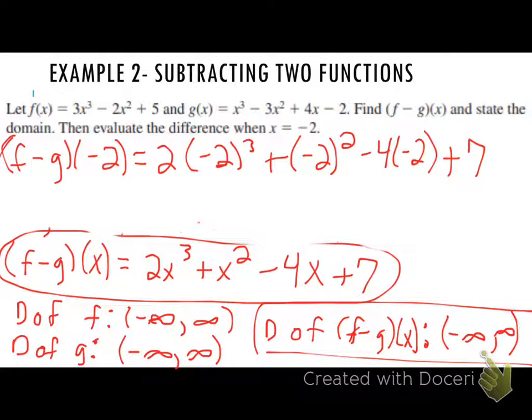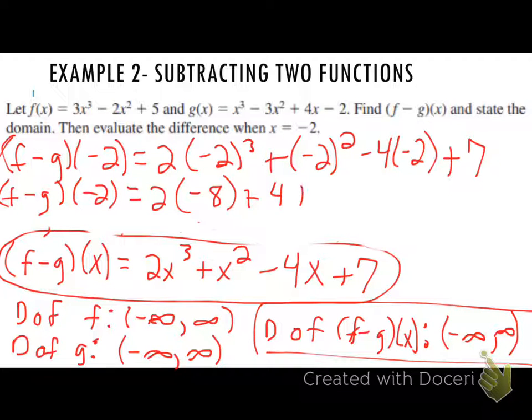Now I just work it down using my order of operations. What's negative 2 cubed? Negative 8. Negative 2 squared. 4. Negative 4 times negative 2. 8. And I have plus 7.